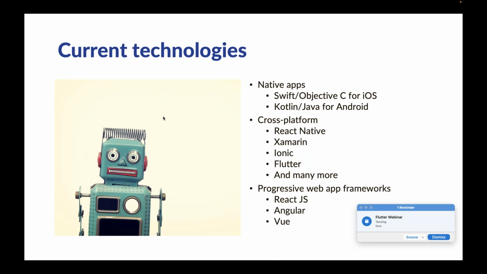You have things like React Native, which is related to the React JavaScript platform, developed by Facebook. Xamarin, which was not originally developed by Microsoft, but is now owned by Microsoft. You have Ionic, you have Flutter, which we'll also be covering a bit today, and many other frameworks which are designed to deliver this cross-platform capability.